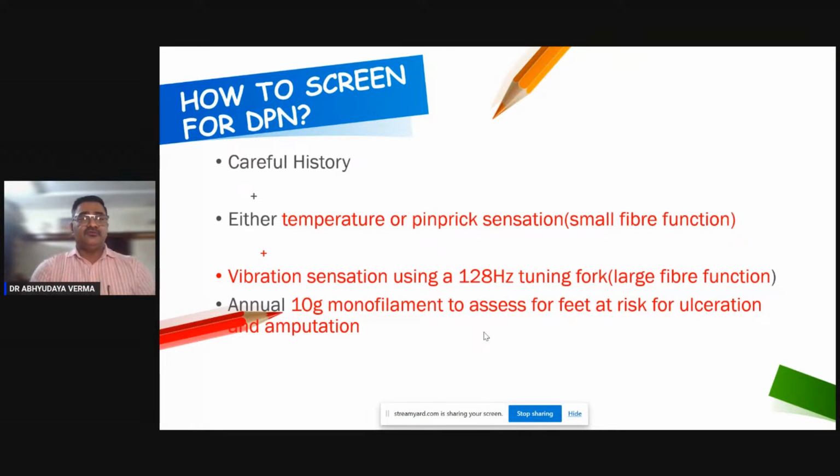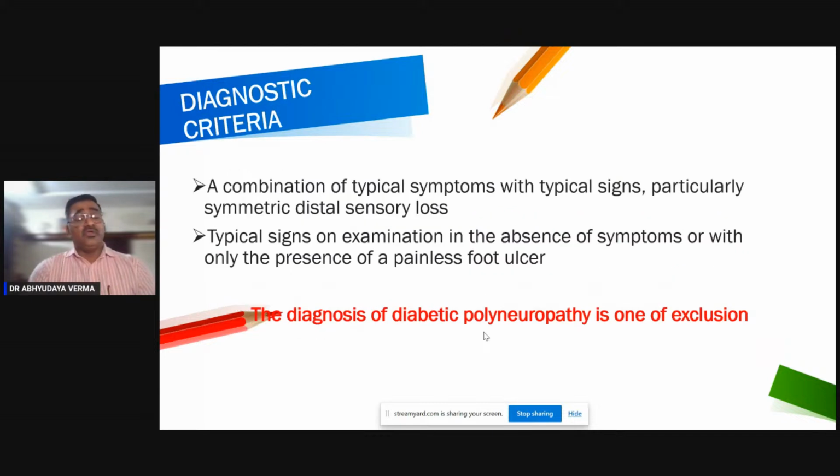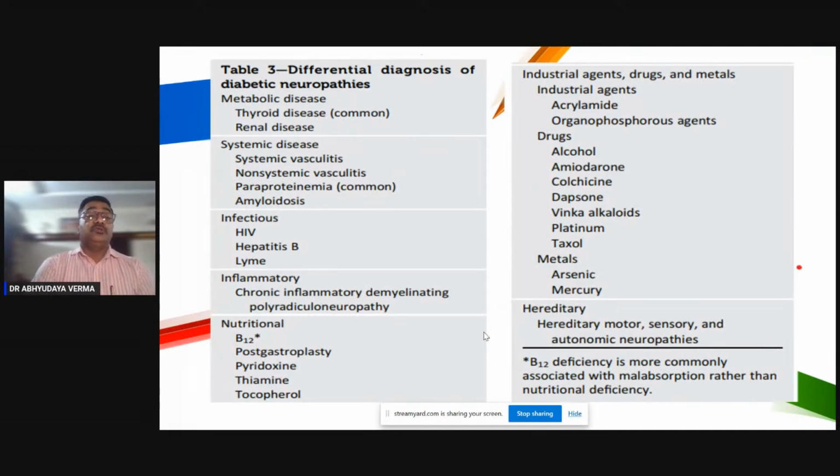We can keep all these things in our clinic and it just takes 2 minutes, but is very important to save the patient's limb. And obviously look for the combination of typical symptoms and signs, particularly the symmetric distal sensory loss and typical signs on examination in the absence of symptoms, or only the presence of a painless foot ulcer which the patient has not noticed for a long time, because it is painless.